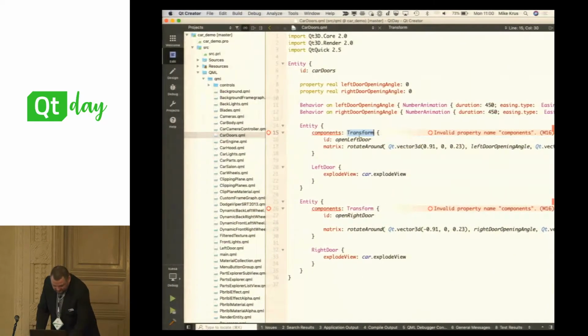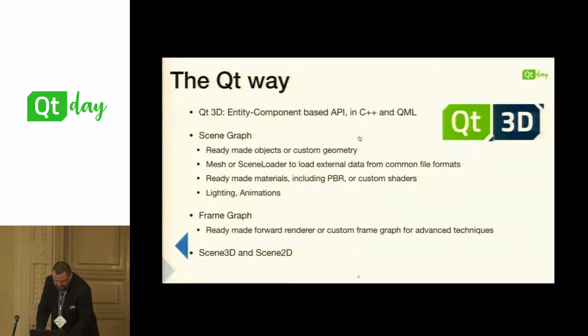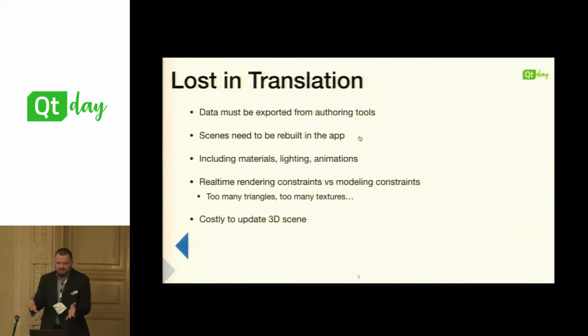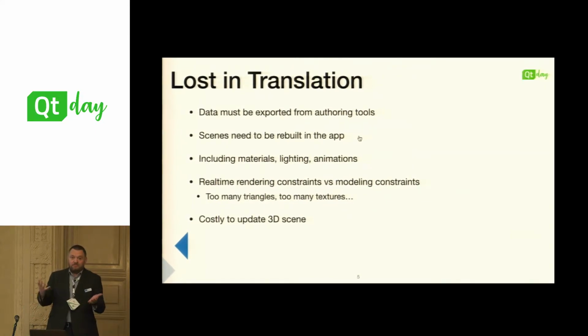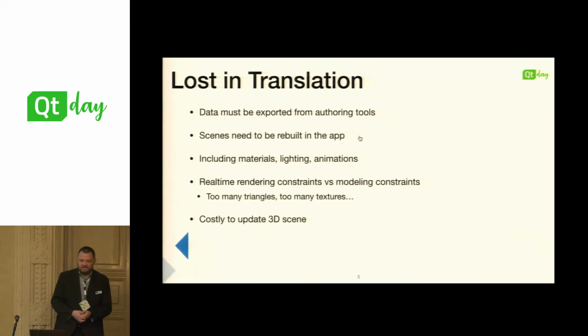Which brings us to the major issues with that, which is lots of code. A lot of things get lost in the translation, basically, because you're having to reinterpret what the designer created in code. There's also quite a lot of constraints that the designer is not necessarily aware of when it comes to actually rendering interactively in Qt3D.